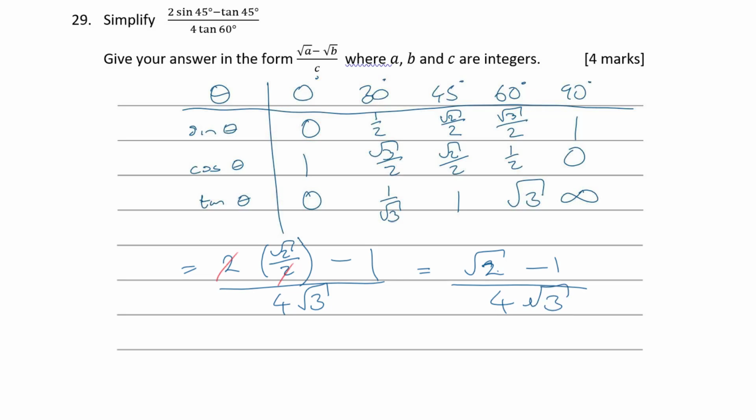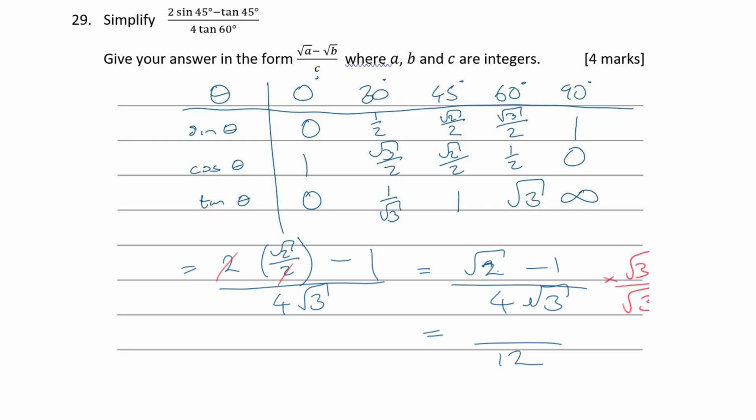So to simplify the denominator, if we times top and bottom by root 3, root 3 divided by root 3 is 1. So multiplying through by 1 doesn't change it, but it will just change the form somewhat. Root 3 times root 3 is 3. So on the bottom, that changes to 4 times root 3 times root 3, which is 4 times 3, which is 12.